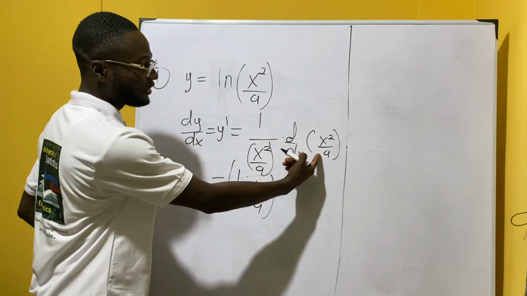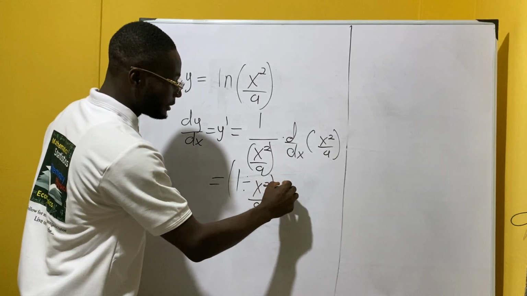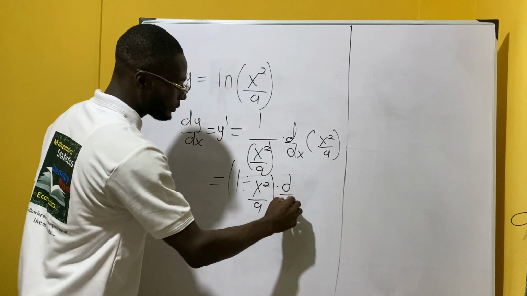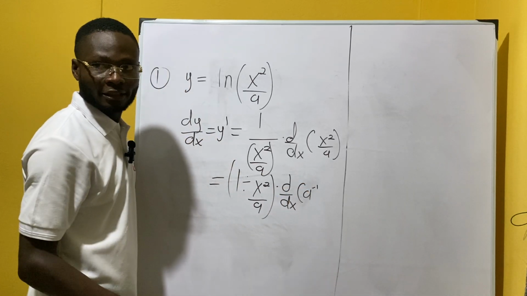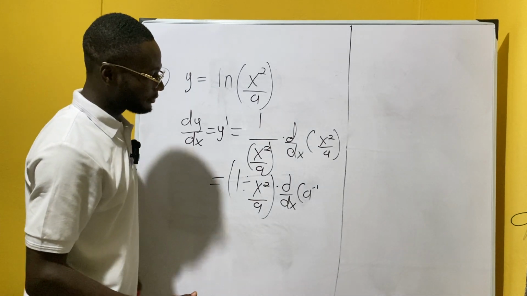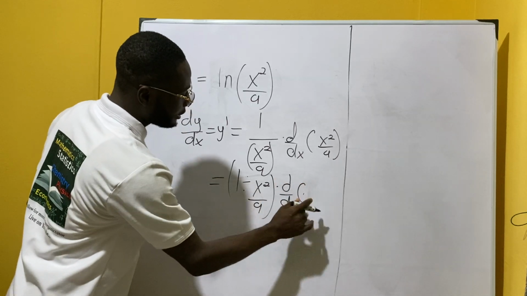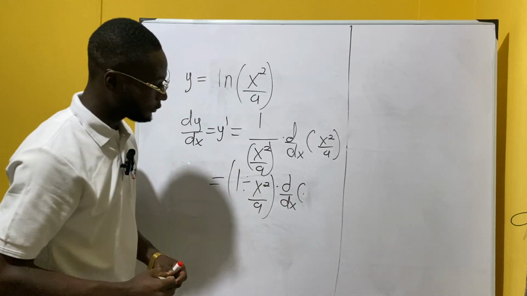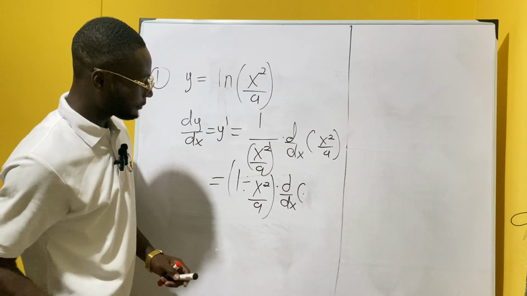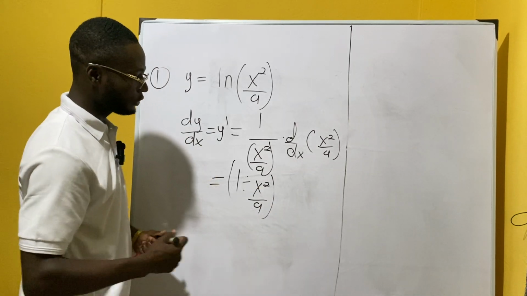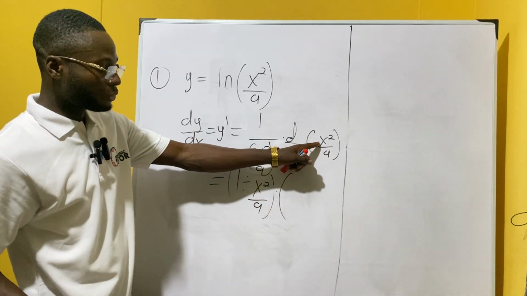Then the differential of this. We know that this can be written as a inverse, or let's maintain it that way and use the quotient rule. So maintain it that way, and we are using the quotient rule.